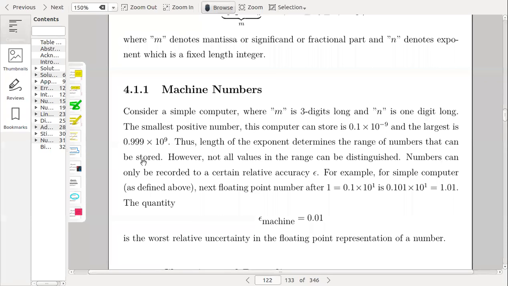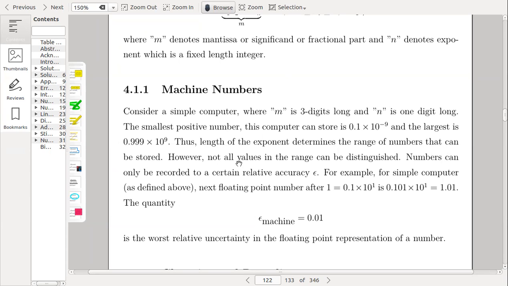That is why the highest number the computer can store in this 3-digit format is 0.999 times 10 to the power 9, because n is equal to 1. You cannot write 10 to the power 10 or 11, because then n would be 2. So the length of the exponent determines the range of numbers that can be stored.